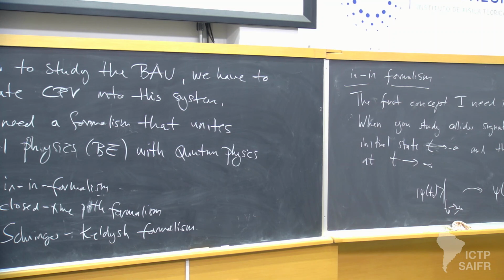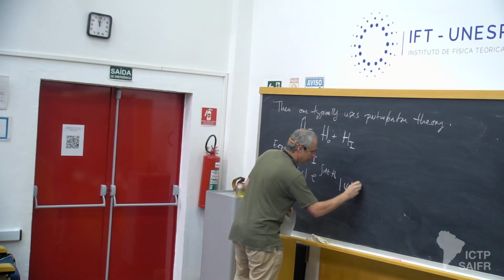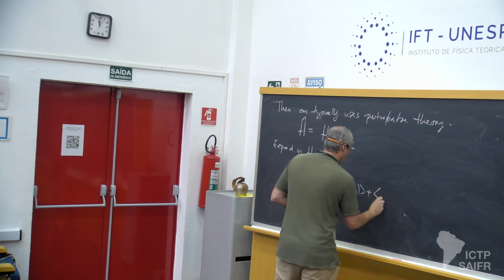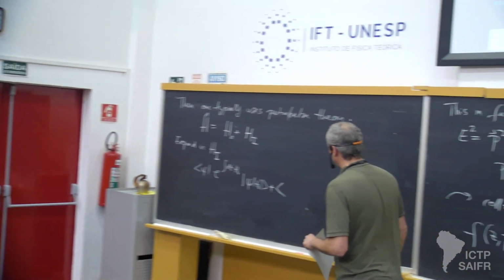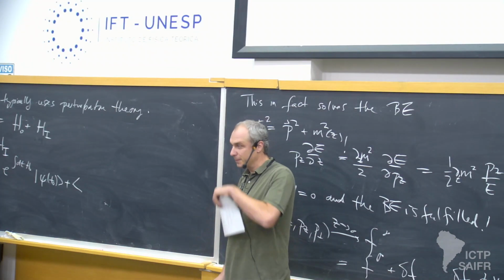I just replace the full Hamiltonian by the propagator piece. How would this look in next to leading order, linear in the interaction Hamiltonian?